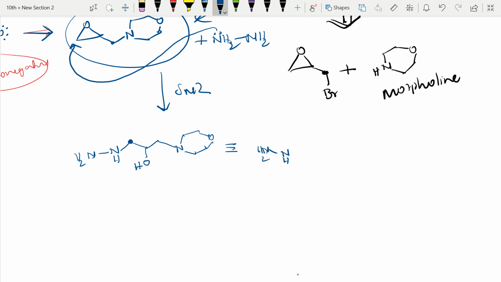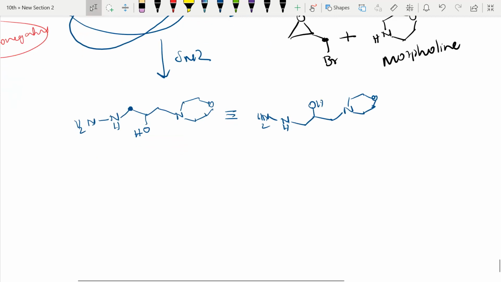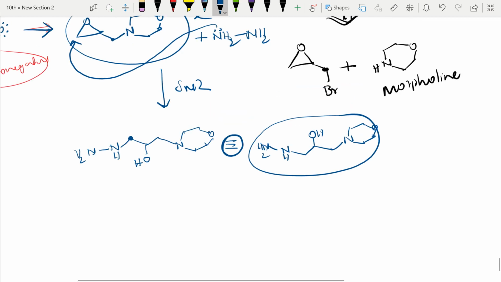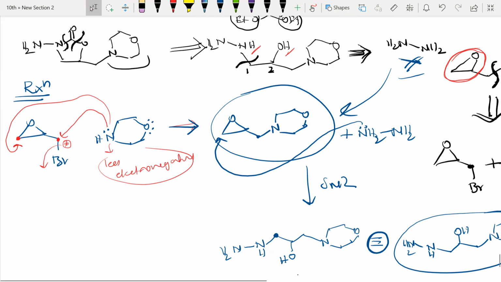See here, this carbon, OH comes above, both are the same only, right? I have shown you this equivalent structure. So this was our target molecule, with this only we have started.